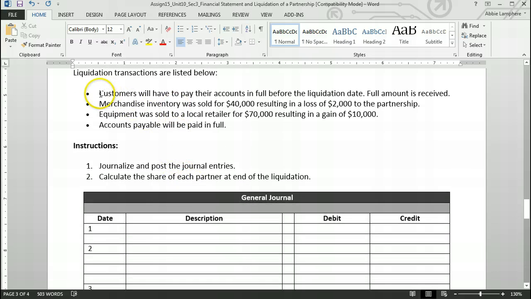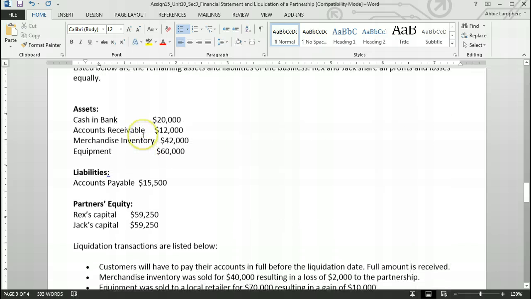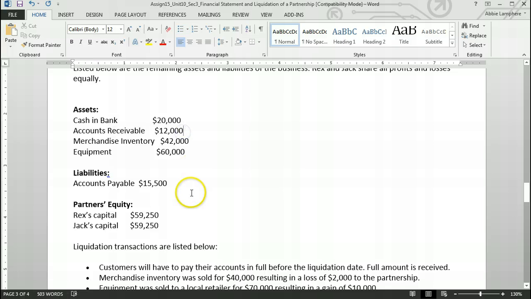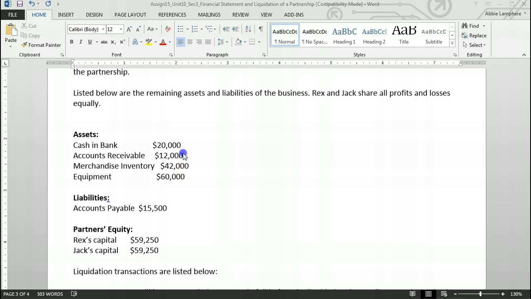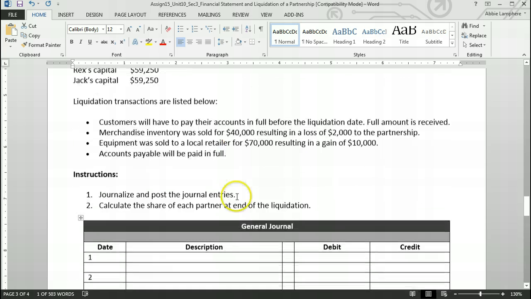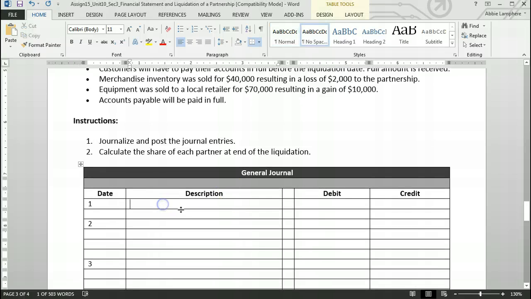So with this liquidation, the customers will have to pay their accounts in full before the liquidation date, and the full amount is received. So our accounts receivable, we had a balance of $20,000. It says we actually received, accounts receivable was a $12,000 balance, and we received the full amount. So since we received the exact amount, that's neither a gain nor a loss, so it's not going to affect our capital accounts.